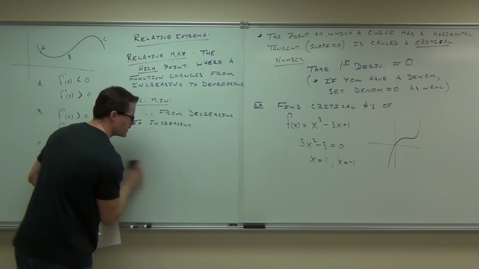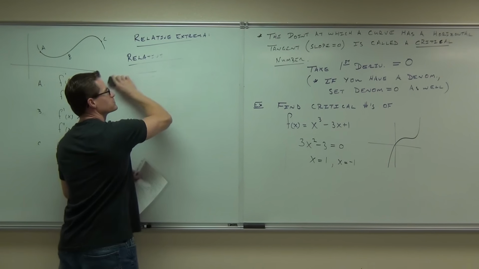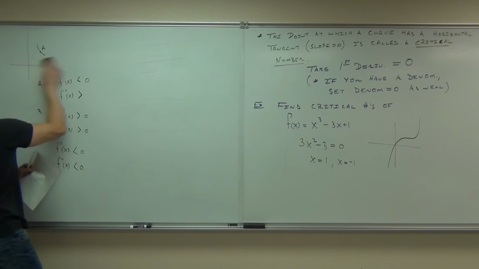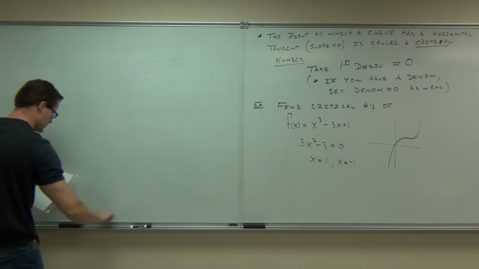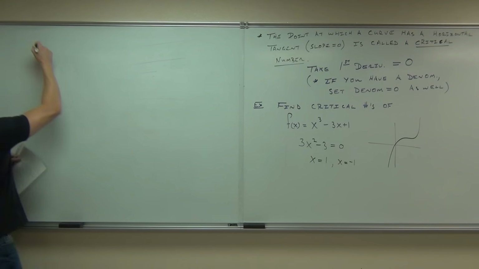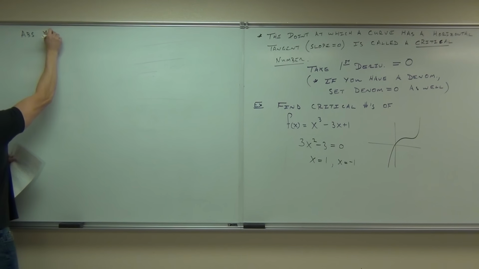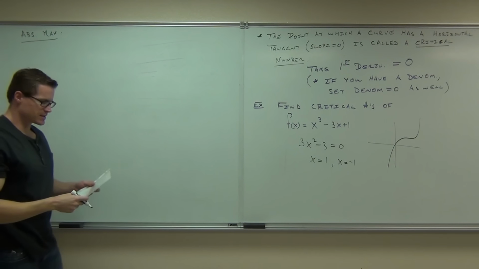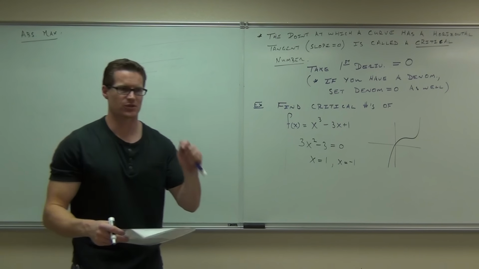So we'll talk about how to determine it. It's not bad, so don't let it scare you. When we talk about the absolute max, what we mean is the highest point on an interval, overall, the highest point that happens on that interval.